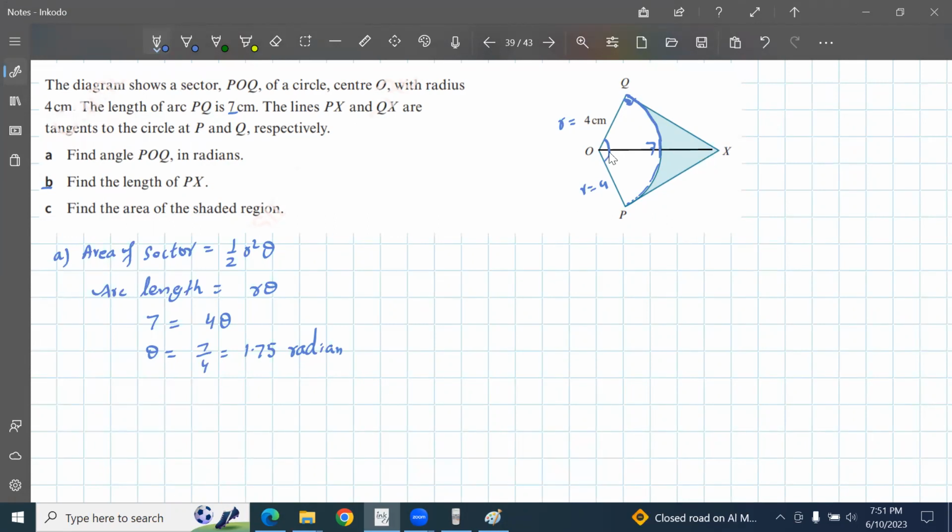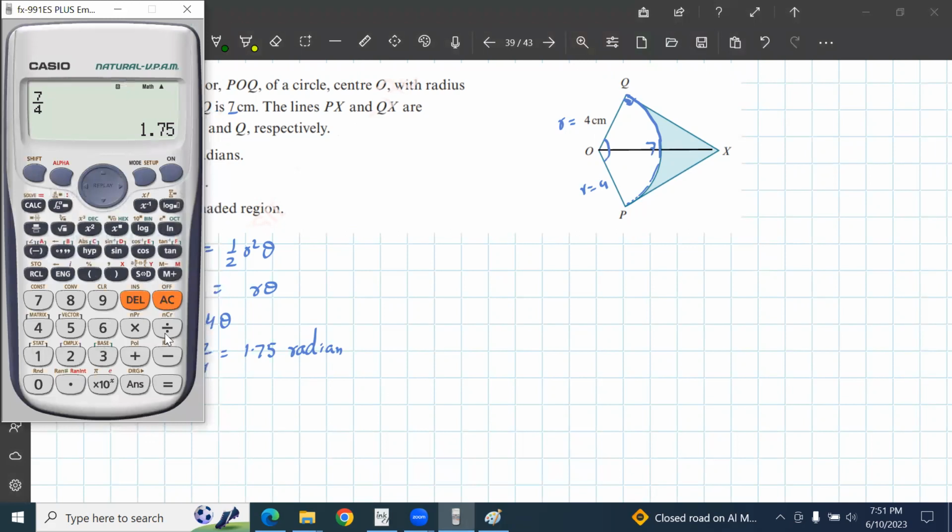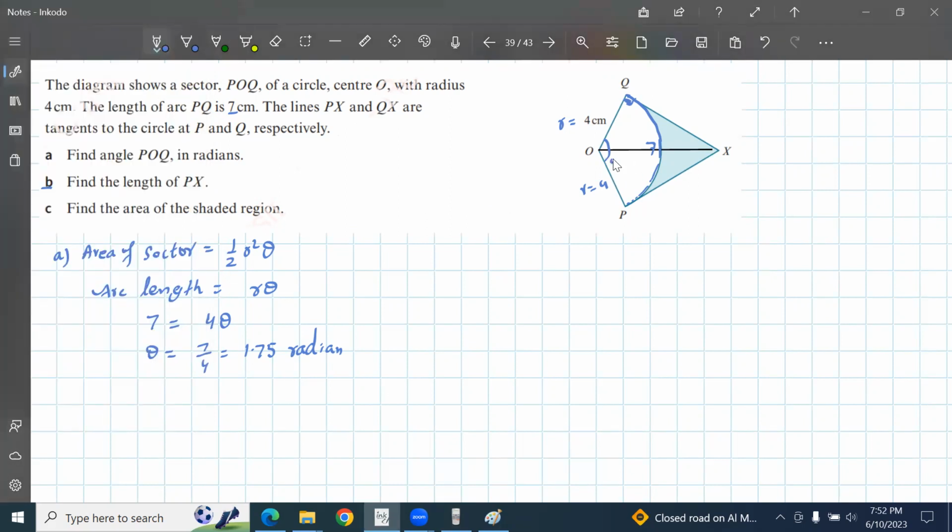If the full angle is 1.75, now divide by 2, that gives us 0.875. This side is 0.875, the half angle. Now, as I said at the start, the angle between the radius and tangent line is always 90 degrees, so it is a right angle triangle.